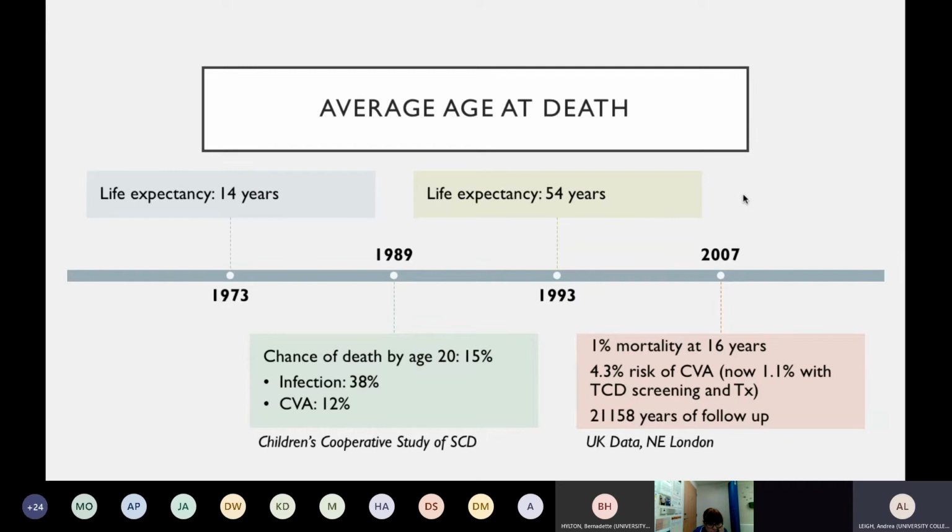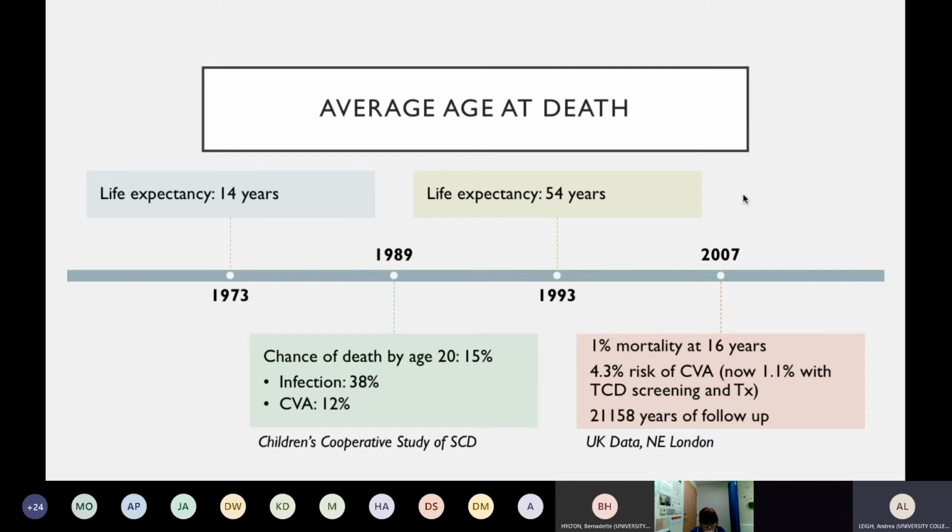for stroke, we know that if we find a child who has a high risk of stroke through screening, if we give them regular blood transfusions, we can reduce the risk of them having a stroke by over 90%. And so the risk of stroke in childhood has come down enormously from around 11% to now being around 1% with screening and transfusions.